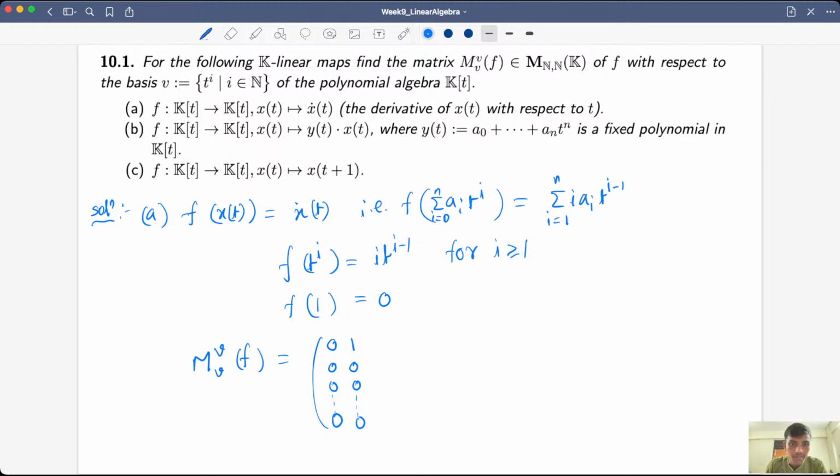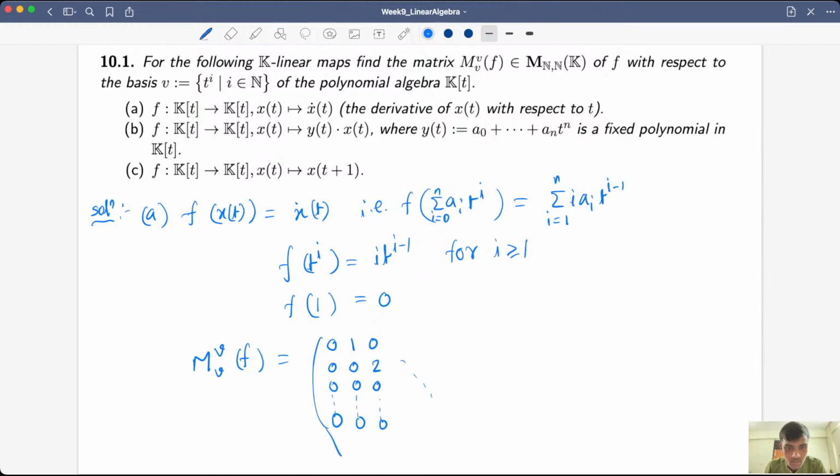For the second one, t square, it is 2t, right? So again the constant term is 0, then the coefficient of t is 2, then everything else is again 0, right? And so on, up to any nth order.